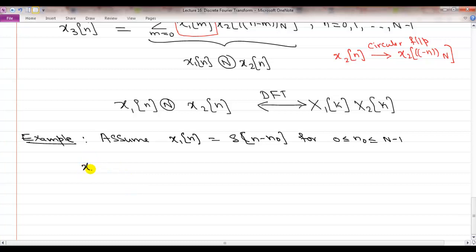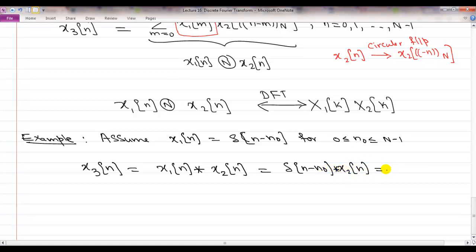If I were to compute x3 of n as x1 of n, linearly convolved now with x2 of n, where x1 of n is delta of n minus n naught, what is the answer of that?